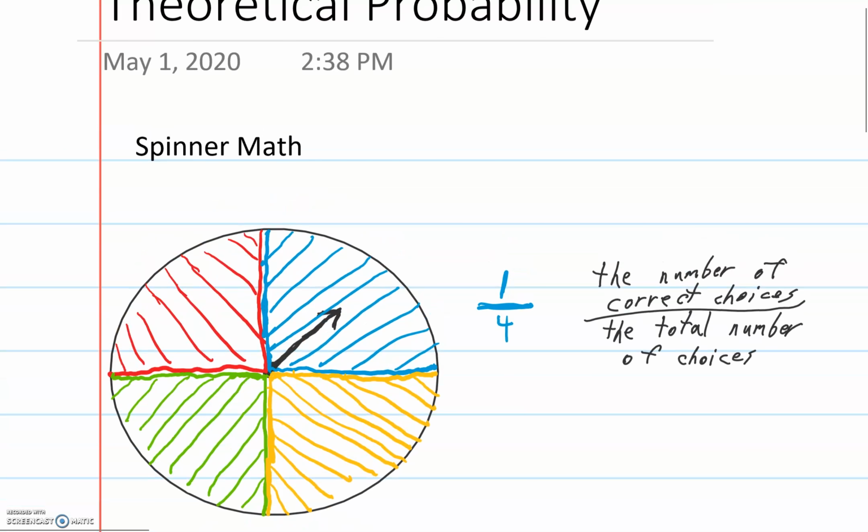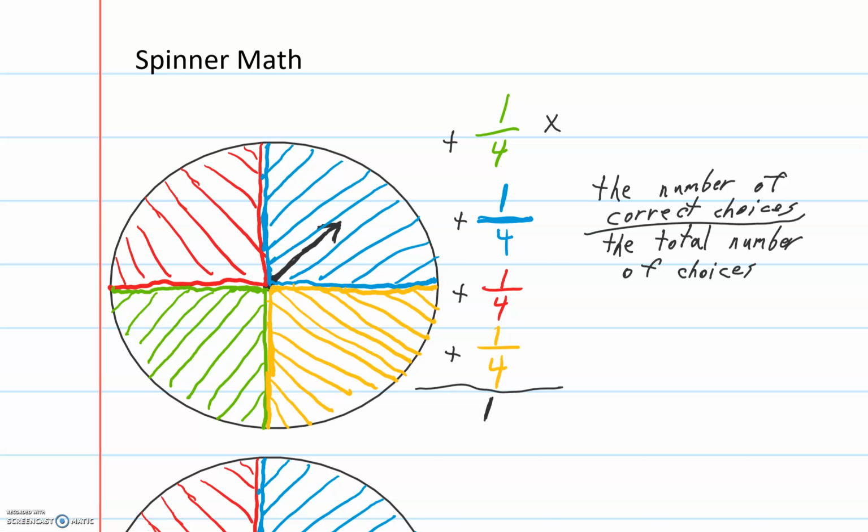So right here, each of these has a 1/4 chance. And that's very important, because you're going to notice if you add up 1/4 plus 1/4 plus 1/4 plus 1/4, our probability always has to equal 1. The reason is that any one of these, you take it and times it by 100%, and it tells you that it's a 25% chance.